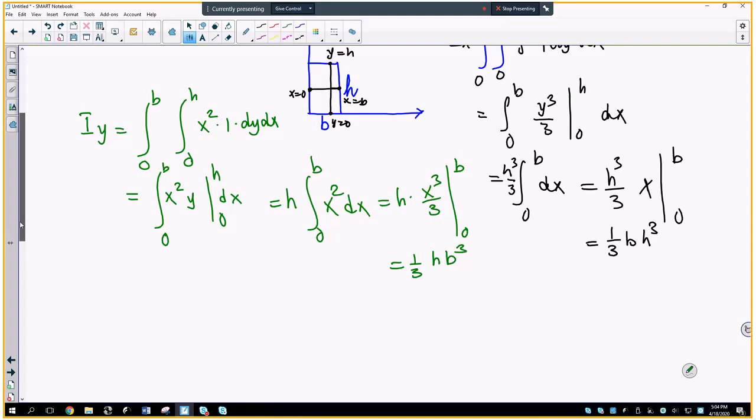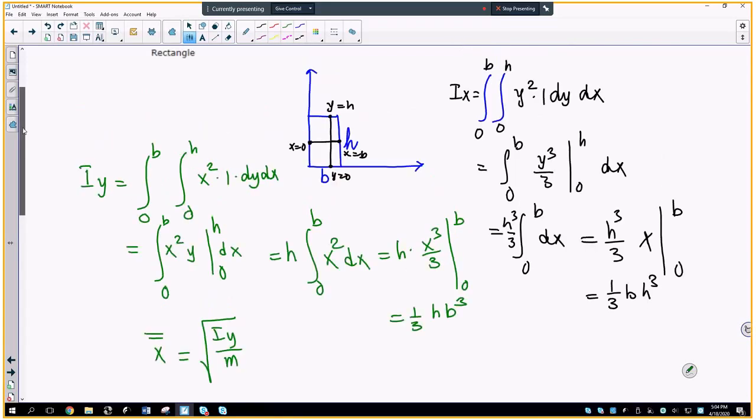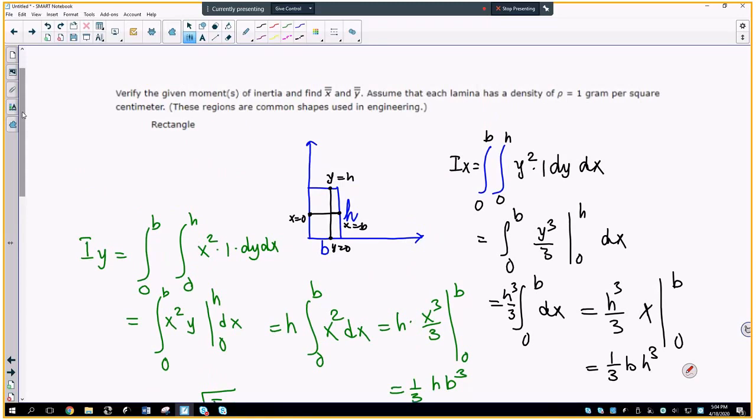So I'm interested in finding x double bar, which is going to be the square root of Iy over m. That reminds me that I should go ahead and find the value of the mass. When calculated, again, your limits are still the same, 0 to b and 0 to h. That's just the density function 1, dy dx.